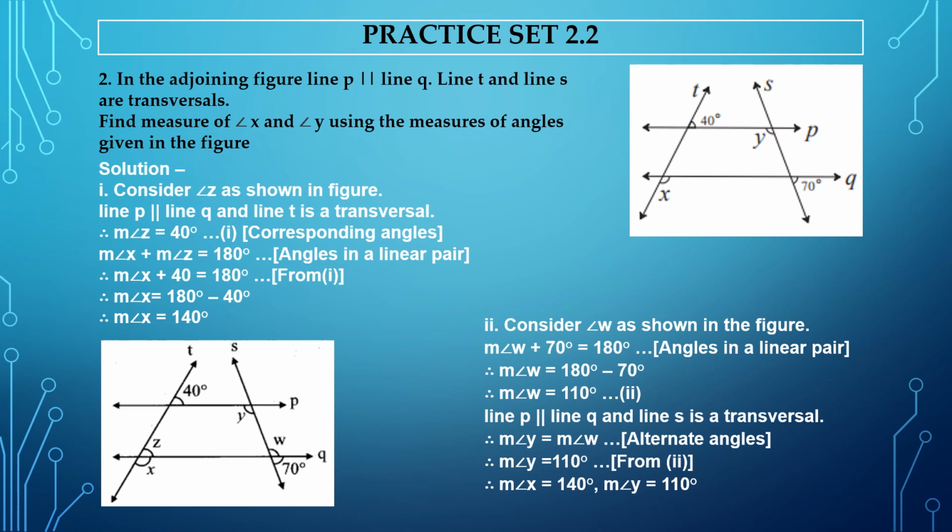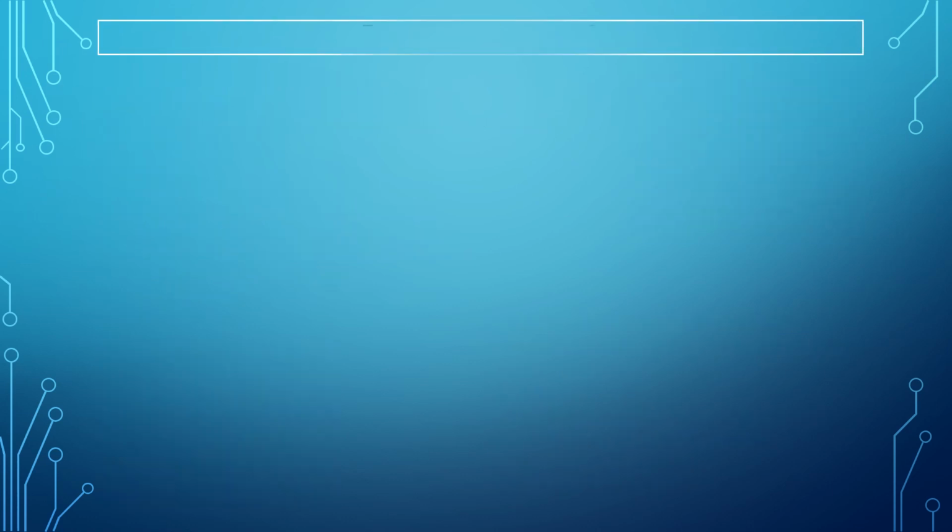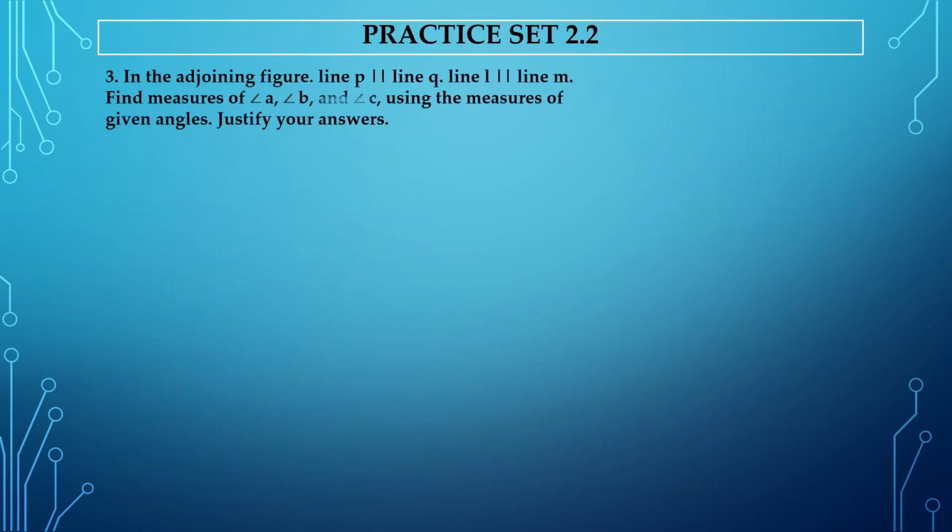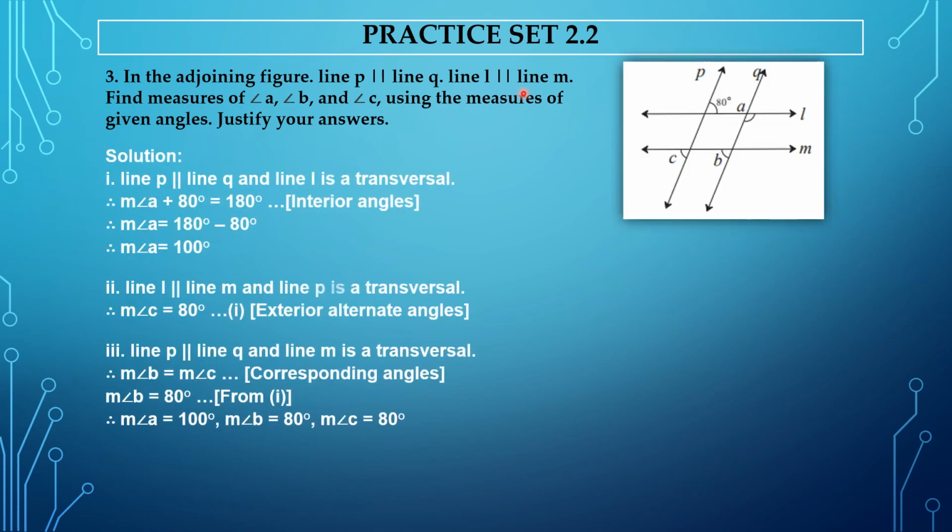Now students, we will move to our next question. Now question number 3. What is given? In the adjoining figure, line P parallel to line Q, line L is parallel to line M. Find the measure of angle A, B and C using the measure of the given angles and justify your answer.